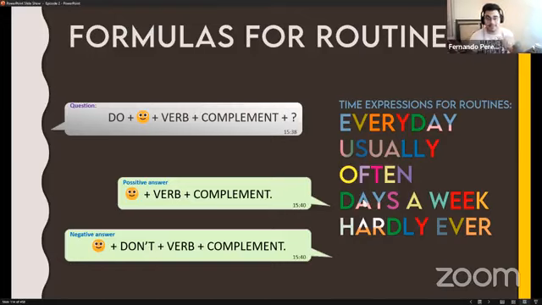"Days a week" is an independent expression for frequency. You can say 2 days a week, 3 days a week, 4 days a week.